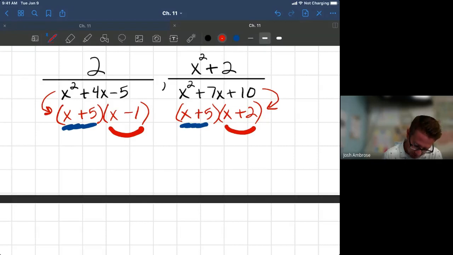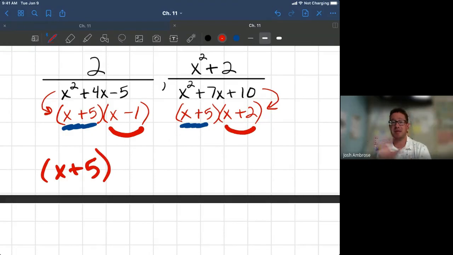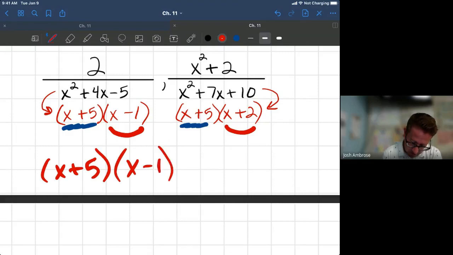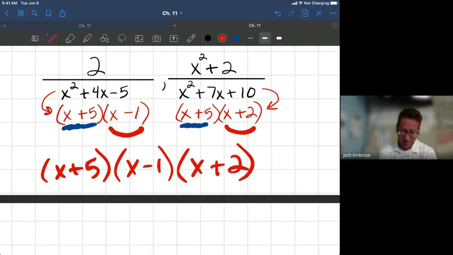You would have x plus 5, because both sides possess that. X plus 5, only written once because both sides already possess it. But you would then have to have x minus 1 and x plus 2. That would be your common denominator.